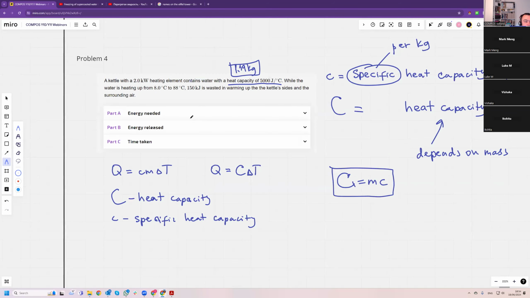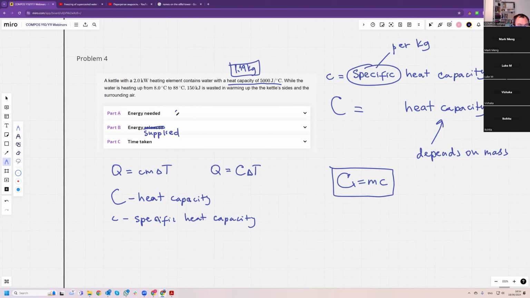Energy needed. I don't remember what they mean by energy release, but let's call it energy supplied. Energy needed.